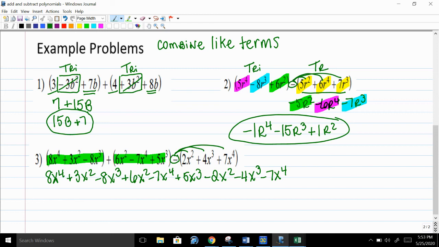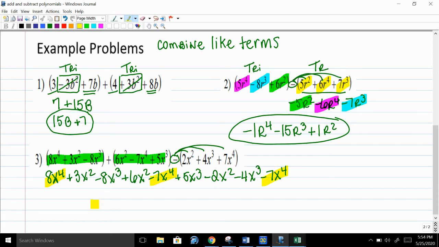Okay, now I can start organizing my like terms. If you're smart, you're going to start with the biggest exponent and work your way down. So let's start with the x to the fourths. 8x to the fourth minus 7x to the fourth minus 7x to the fourth. So 8 minus 7 would be negative 1. Negative 1 minus 7 would be negative 8.